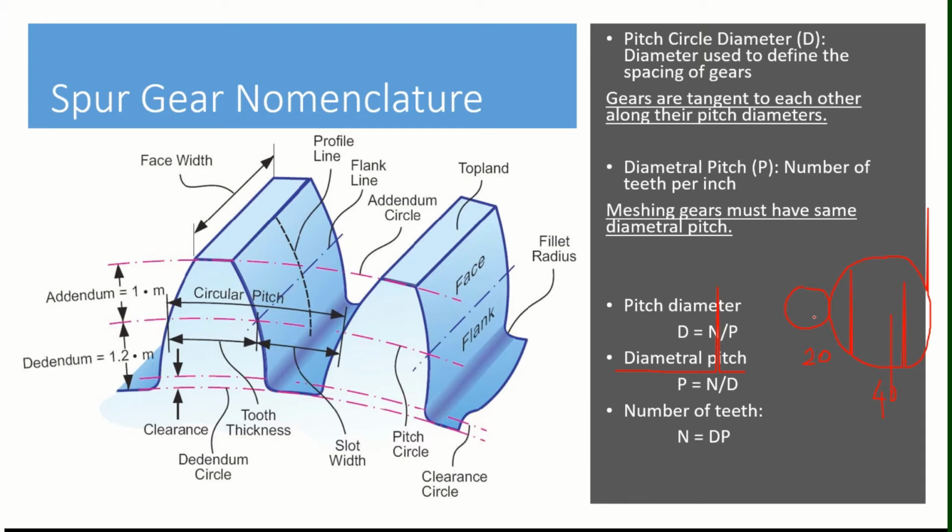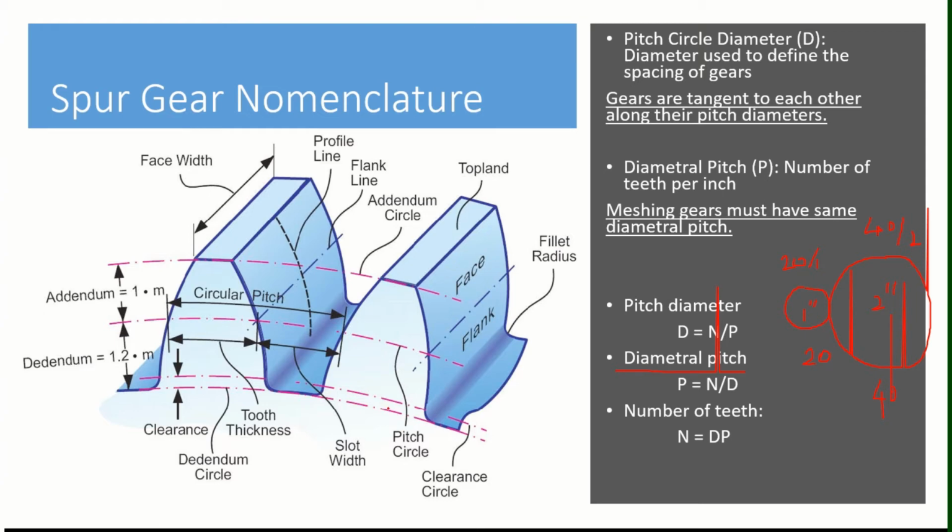So if the pitch circle diameter is 1 inch here, which means the diametral pitch will be equal to 20 over 1, which is equal to 20, then the pitch circle diameter for this other gear should be 2 inches, so that for 40 teeth, again the diametral pitch will be the same.